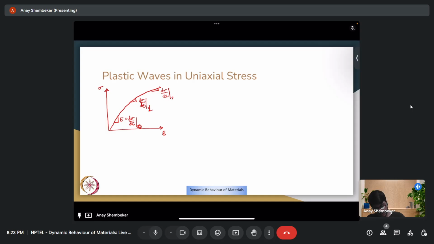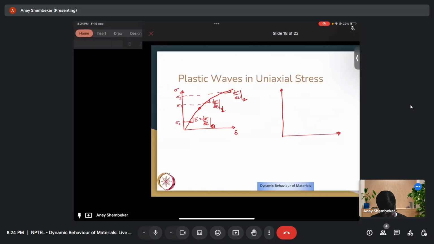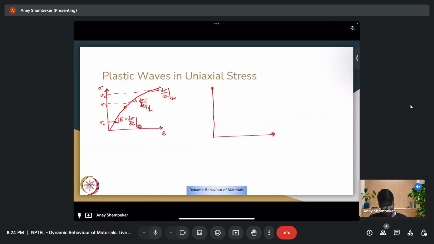If I now plot wavefronts, this is at sigma 2, sigma 1, and this is sigma naught. This is my distance x, this is my stress sigma.